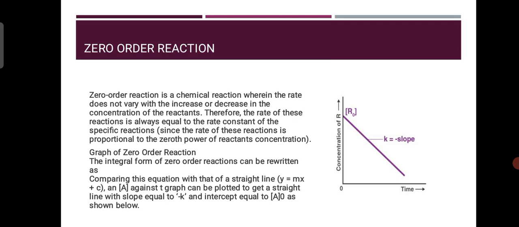Zero order is a chemical reaction where the rate does not vary with increase or decrease in the concentration of the reactant. The graph of the zero order reaction is given in the PowerPoint. Decomposition of ammonia on a platinum surface is an example of a zero order reaction.